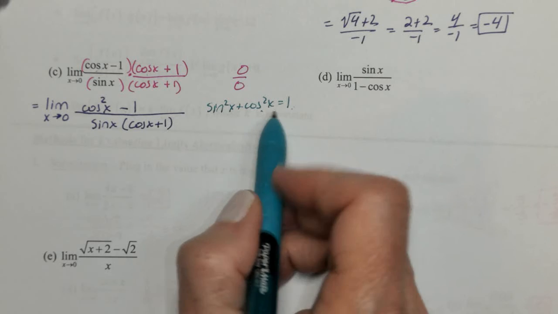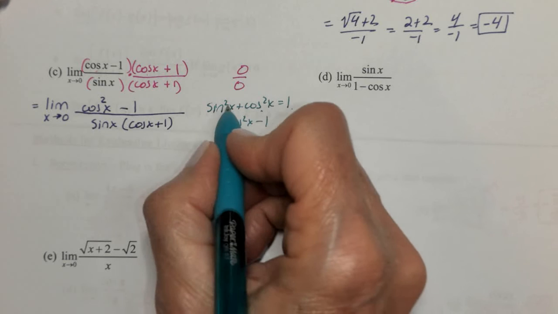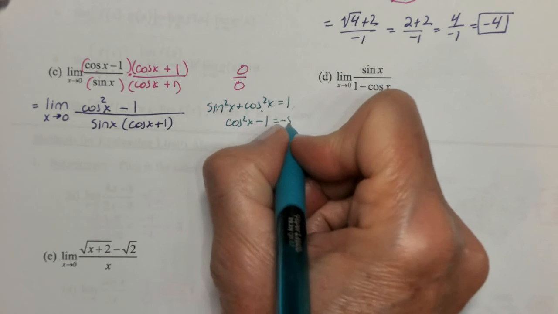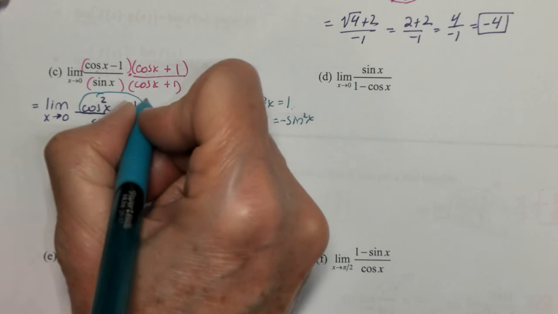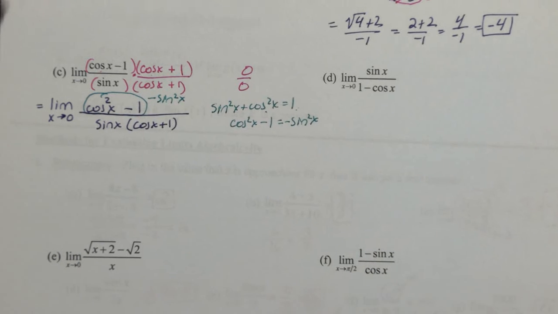If I subtract the 1 over to be with cosine squared, I'll move the sine squared over and it will be negative. So this is negative sine squared x because of the trig identity.